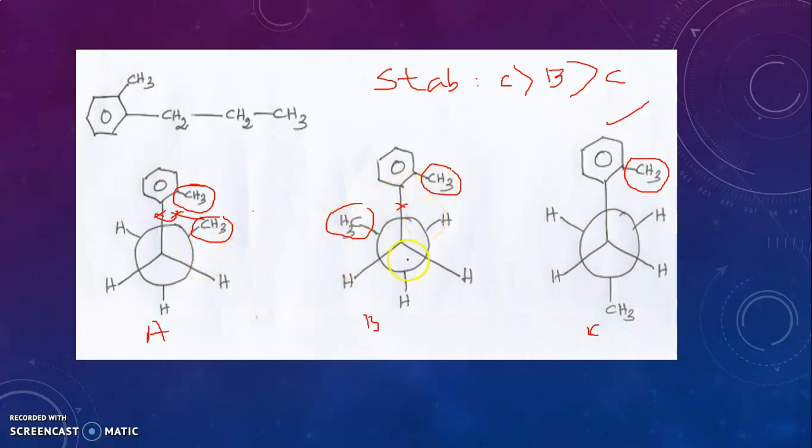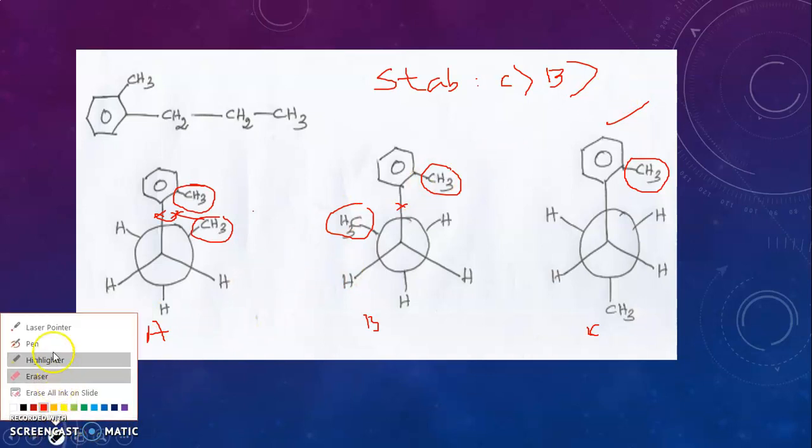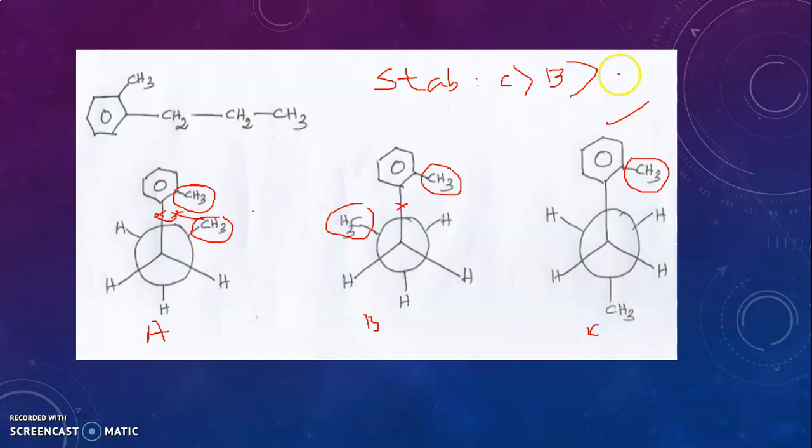Therefore, among the two, this conformer has higher potential energy and is less stable. So among these two, B is more stable than A.